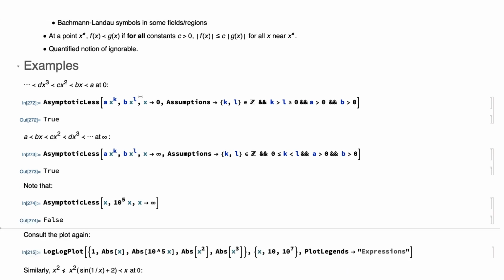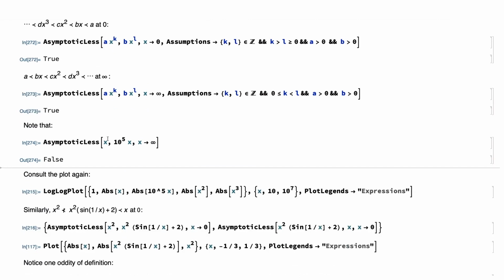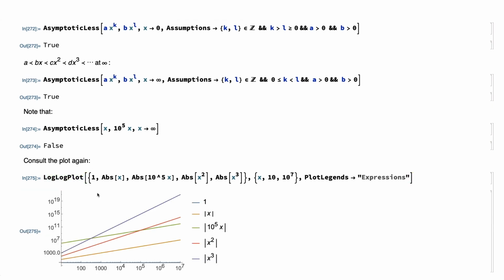So rather than there existing a positive constant c, it has to be for all constants c greater than 0. And this quantified the notion of ignorable. One part was asymptotically less than or equal to. The other part was clearly less than, as determined by this notion, and you could get rid of it.